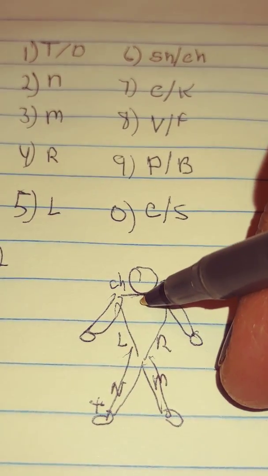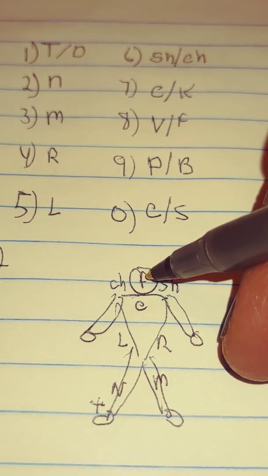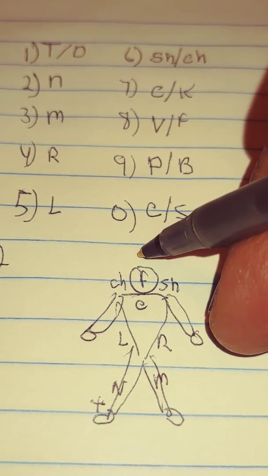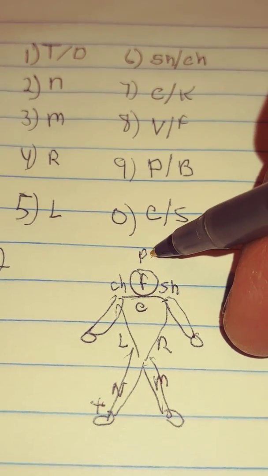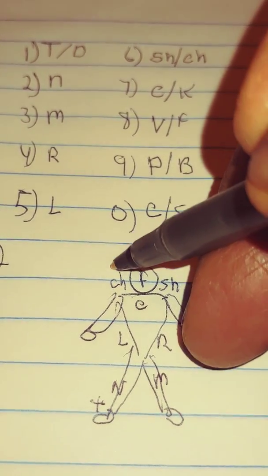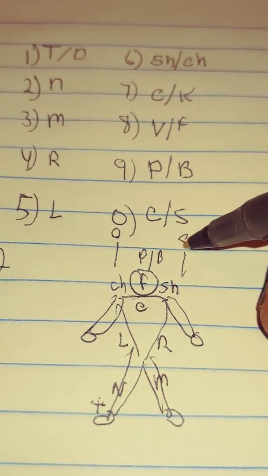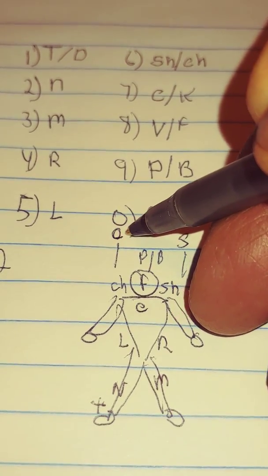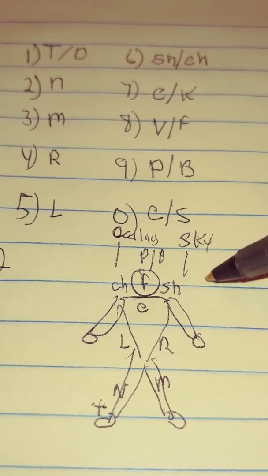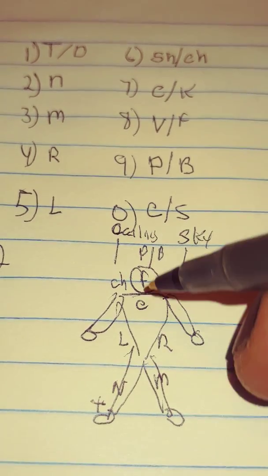CH, SH, 7 was your collar, 8 was the face, so V or F, 9 was the peak, so P or B sound, and then above that was the ceiling or the sky, that's a C. And so that's 1, 2, 3, 4, 5, 6, 7, 8, 9, 10.